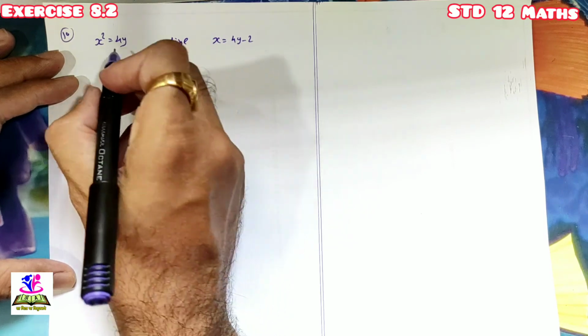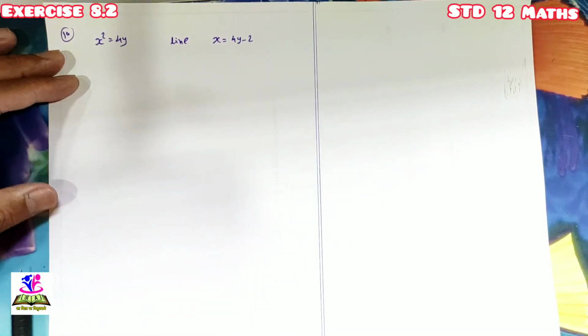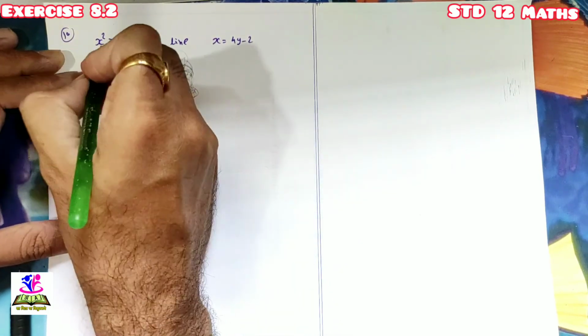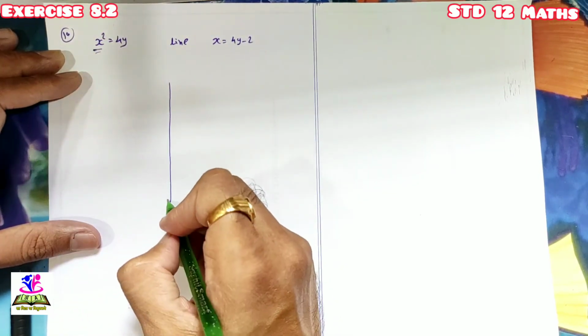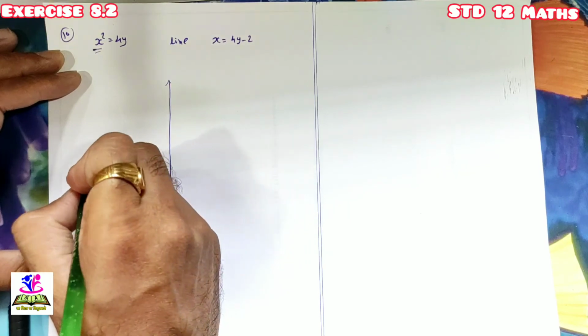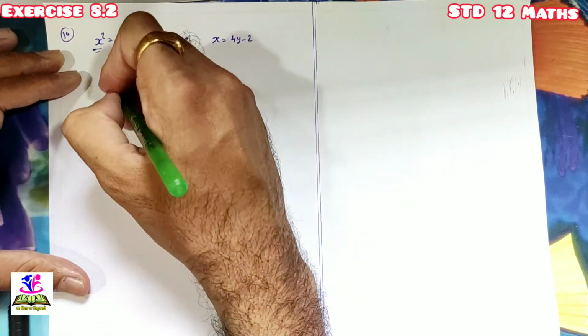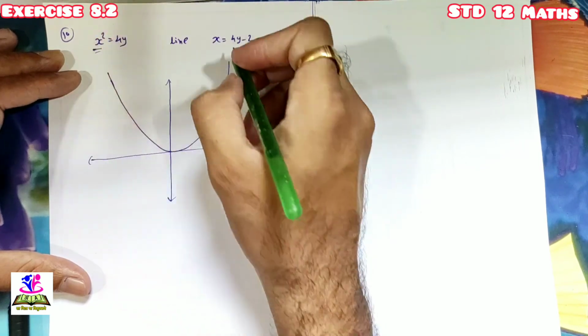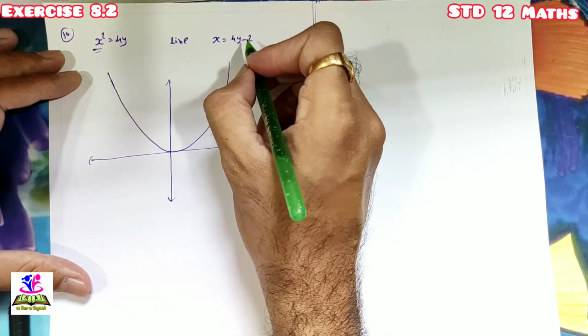So the curve is x square equal to 4y. So for positive and negative values of x, x स्क्वायर है तो पॉजिटिव नेगेटिव वैल्यू ऑफ x और y is positive, so y positive ऊपर होता है तो our parabola will be like this. This is our parabola, and now we have to draw the line x equal to 4y minus 2.